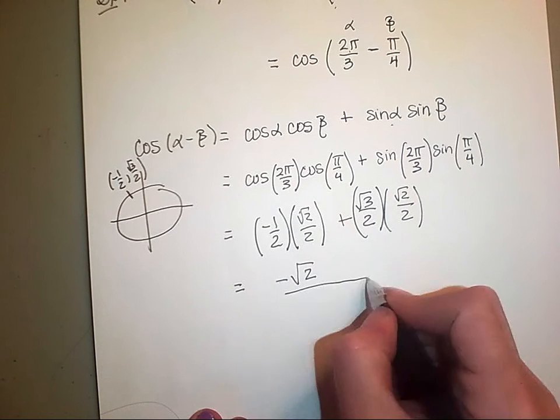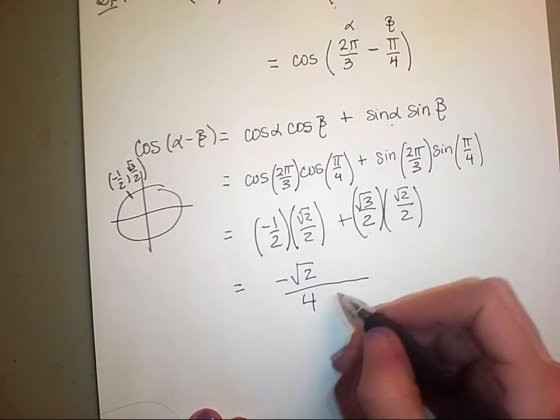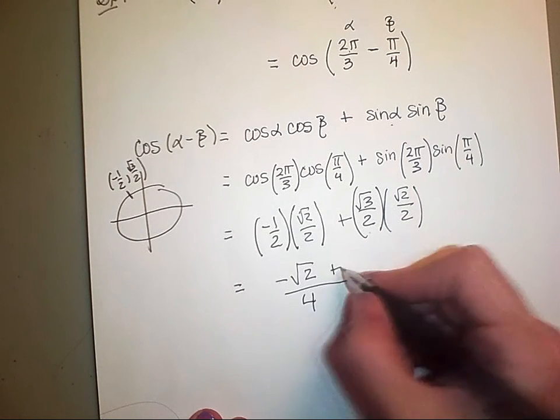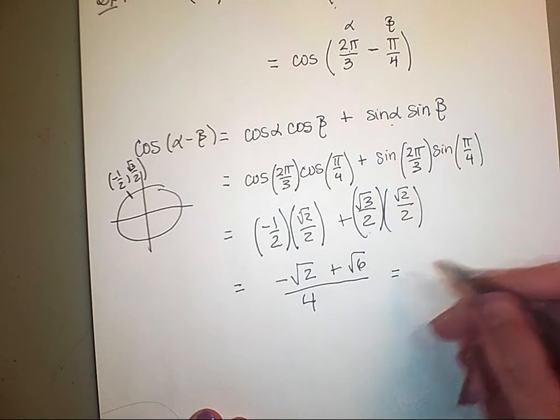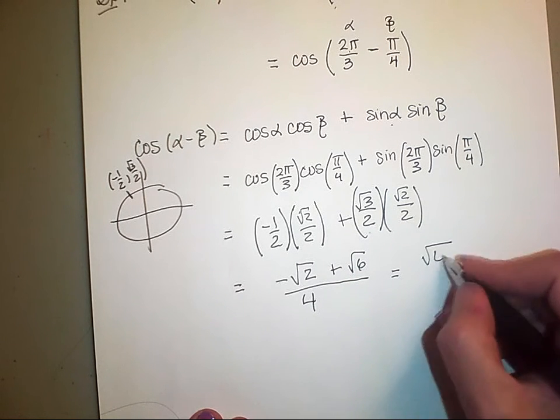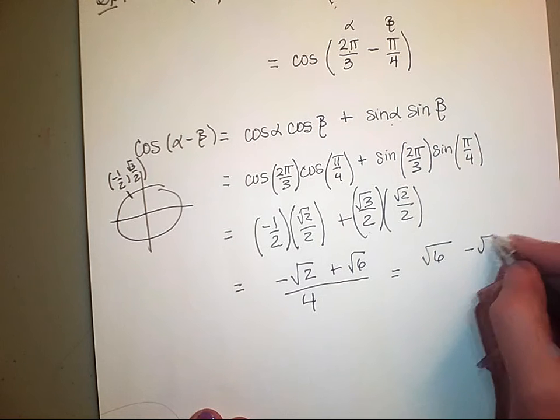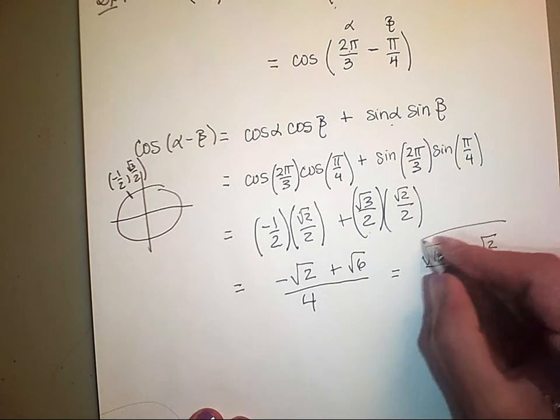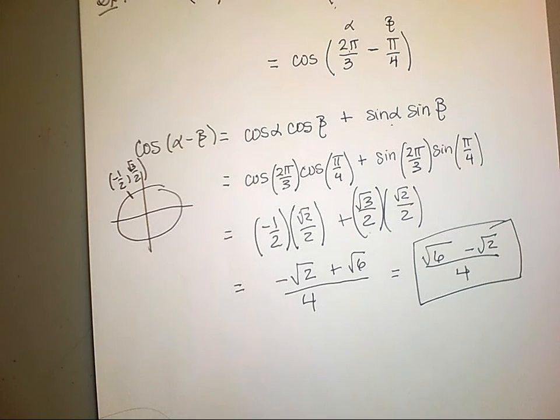So if we simplify this, this becomes negative root 2 over 4, plus square root of 6 over 4, which we could commute and write as root 6 minus root 2 over 4.